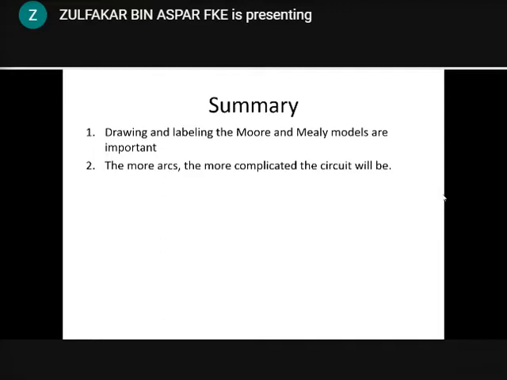But you must know the formula is also 2 to the power of n. The more arcs you have, the more complicated the circuit, because more arcs mean more data flow, so more complicated.